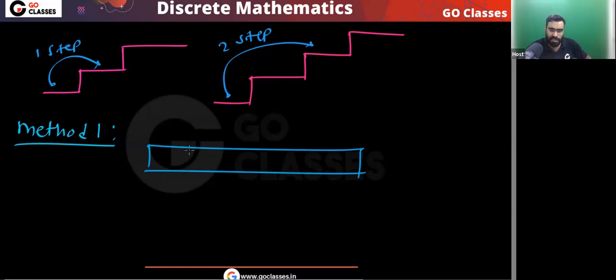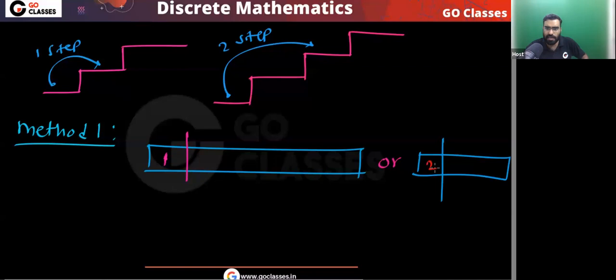Either I can climb one stair, or I can climb two stairs in the beginning. Either I can start with one step or I can start with two steps. Now you tell me, how many ways are there? This Sn is the number of ways to climb n stairs.